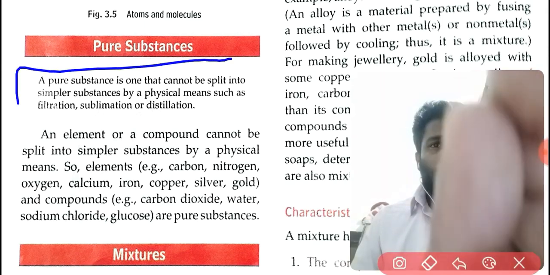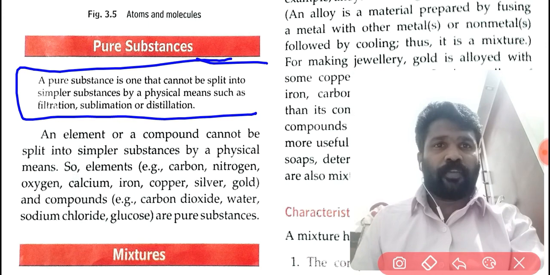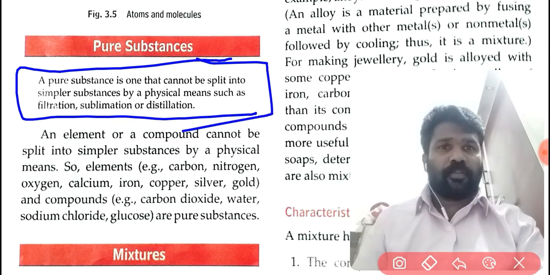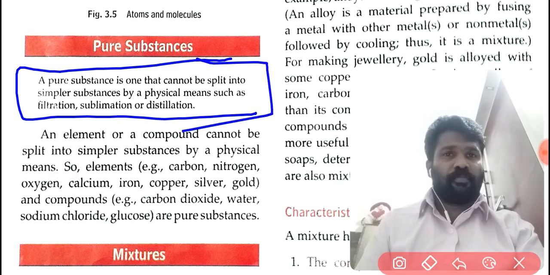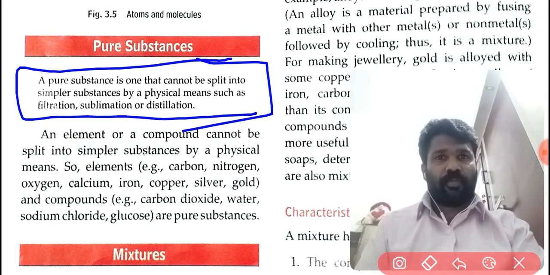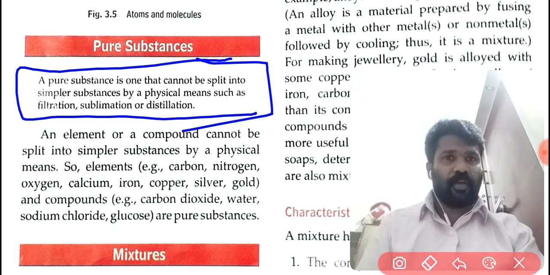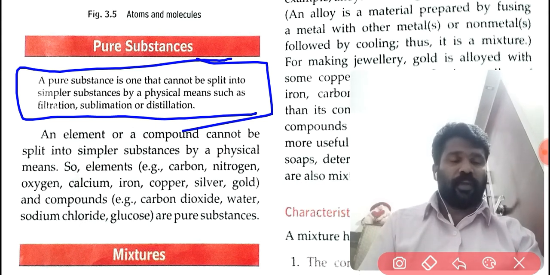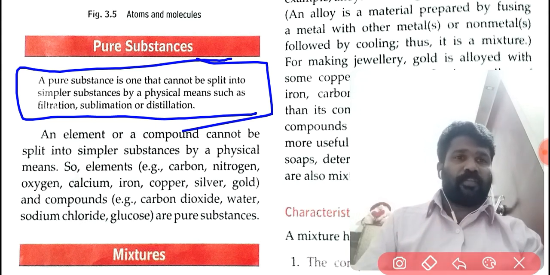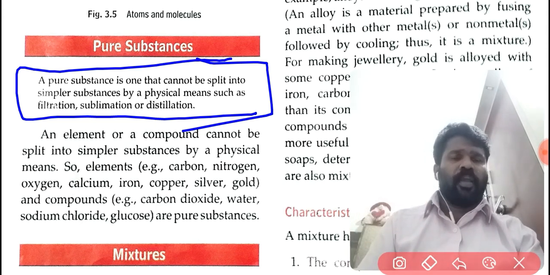A pure substance cannot be split into simpler substances by physical means. An element or a compound cannot be split into simpler substances by physical means.